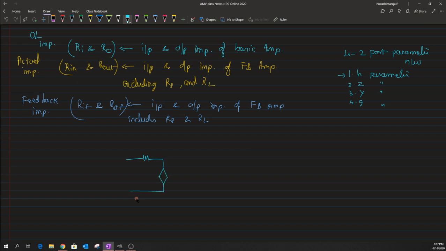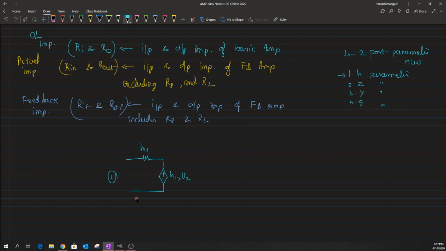okay, where at the input side of this, or basically the output side of this feedback network, or let me write it as port 1. Okay, so in the case of port 1, what we have is H11, and we also have H12, and this H12 basically models our voltage controlled voltage source.